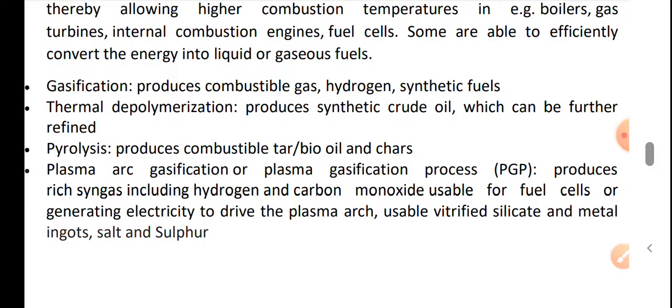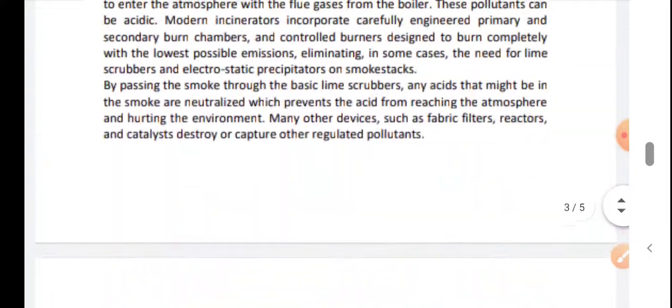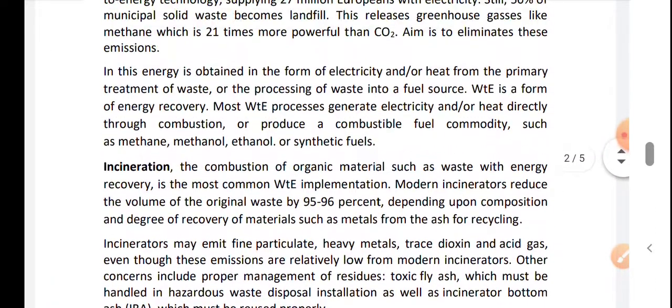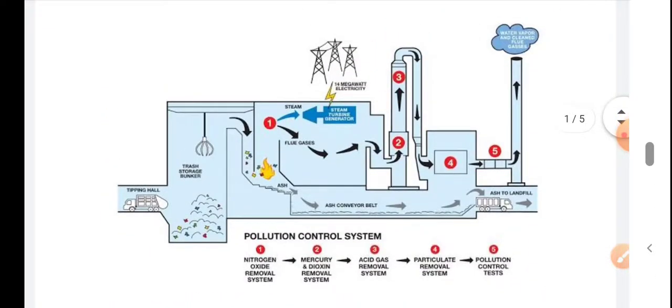So in this way we can say that the waste to energy system is a need of today, because we know a time will come when we will have a very small amount of empty land to dispose of the waste material.